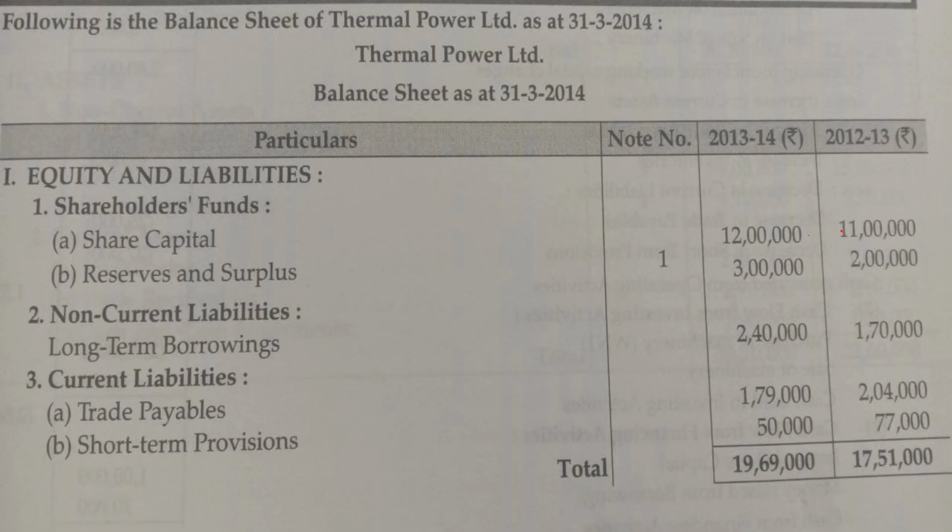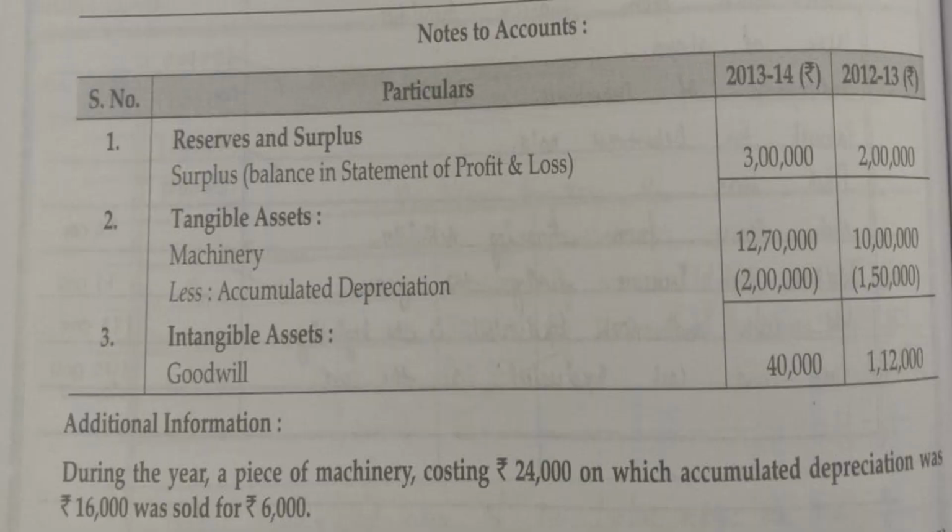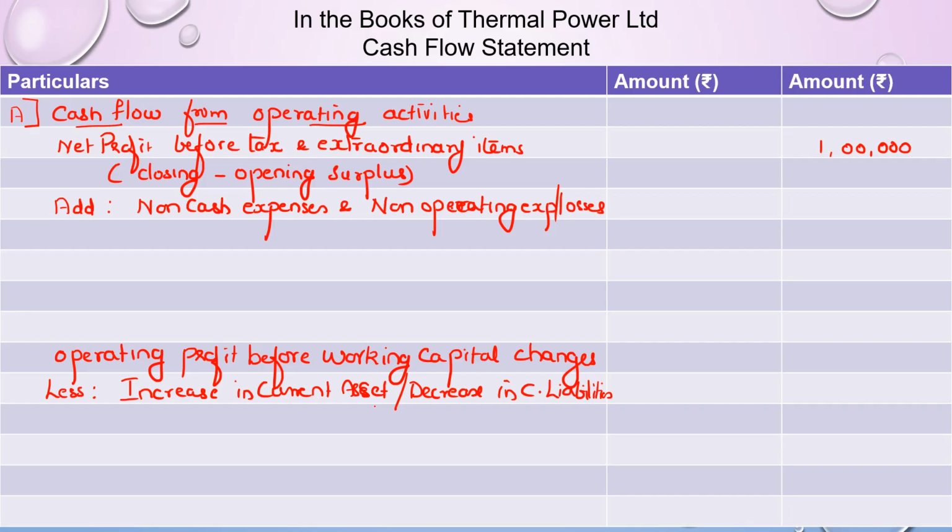Now going back to the question, we have the current liability, trade payable. Trade payable has decreased from 2 lakh 4 to 1 lakh 79. What is the difference? 2 lakh 4 minus 1 lakh 79. So there is a 25,000 decrease. Decrease in current liability is a subtract.